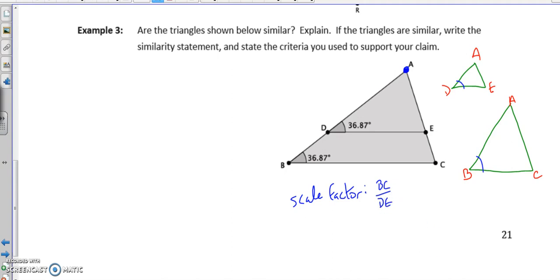I could just name those sides. But the reason these are similar is we have a reflexive angle. Angle A is the same angle in both triangles, so I can say yes, they are similar because of, this is our good old AA.